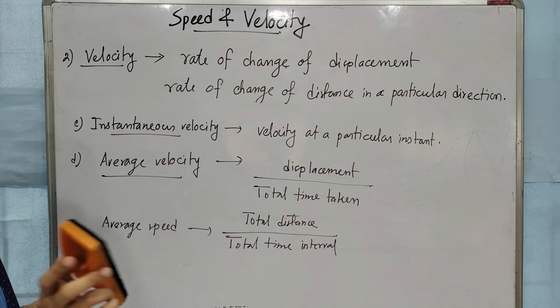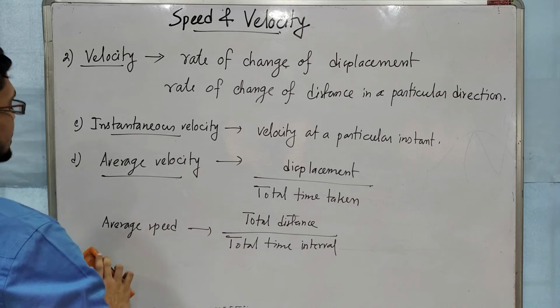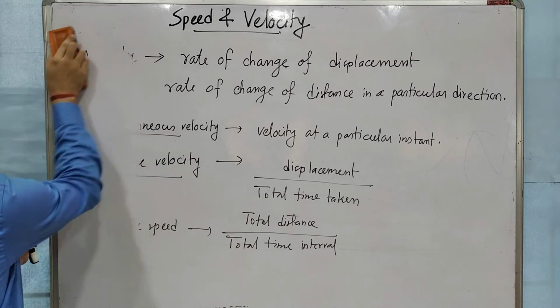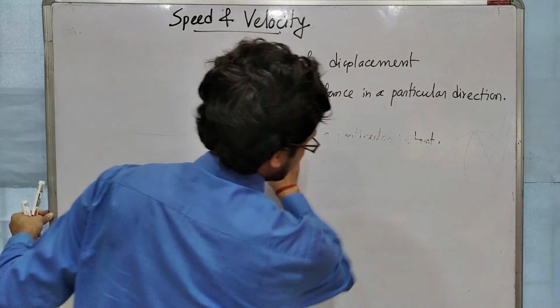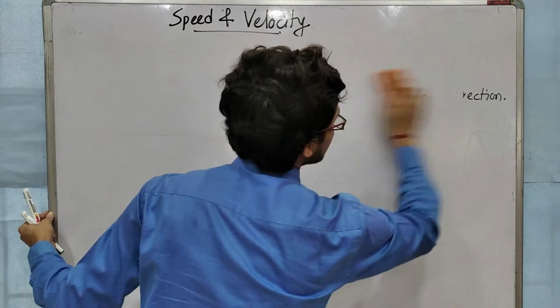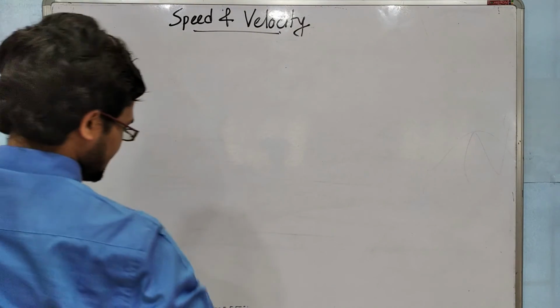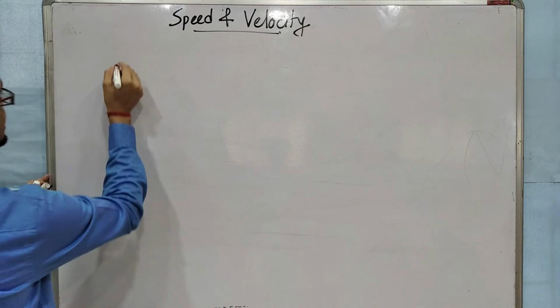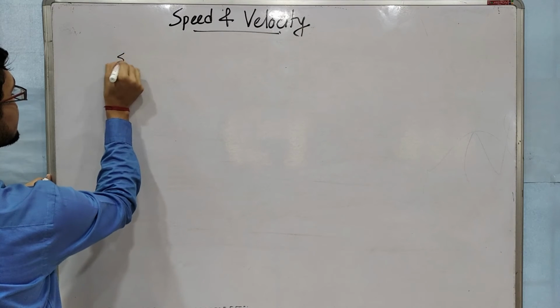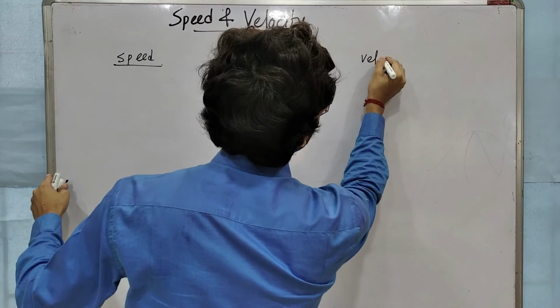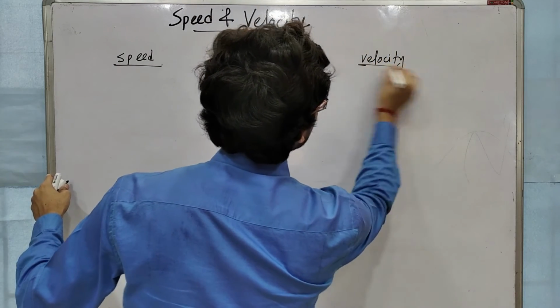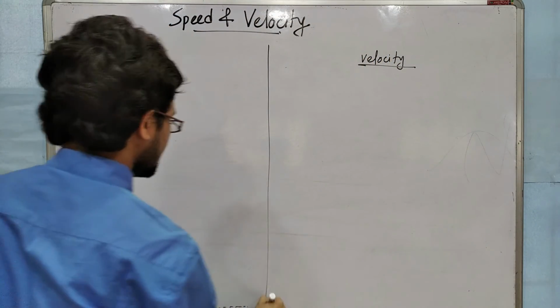Next is the difference between speed and velocity. This difference is also very important. Like the previous one, distance and displacement, you will get the same kind of thing. Speed and velocity.